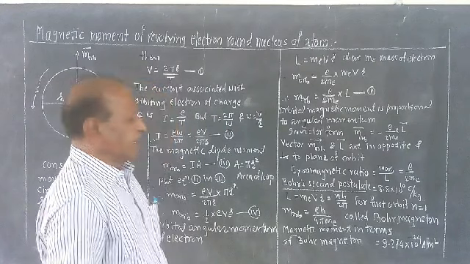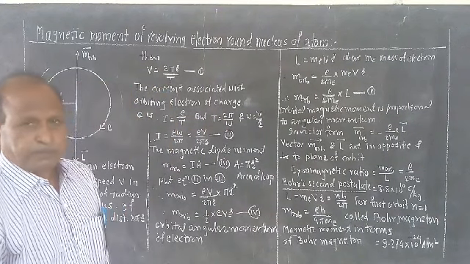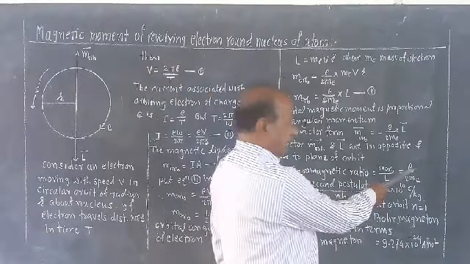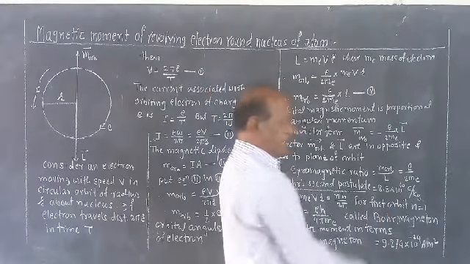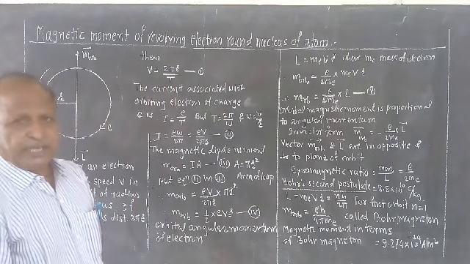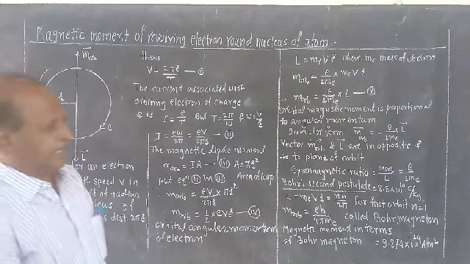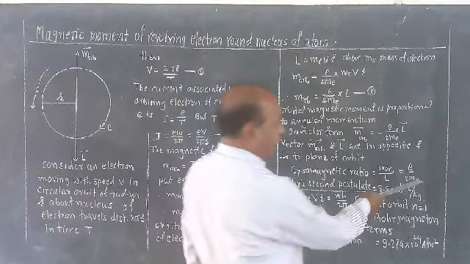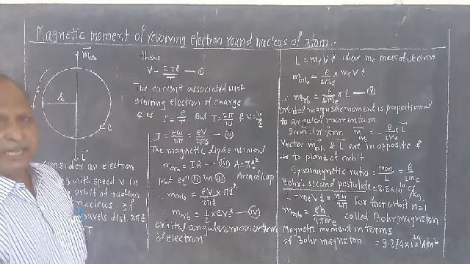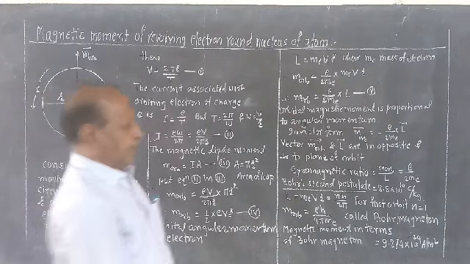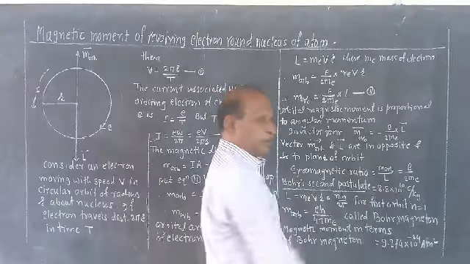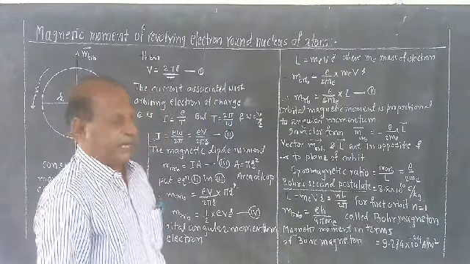So this is gyromagnetic ratio. If we put the values of electron charge, 1.6 into 10 raised to minus 19, and mass of electron, 9 into 10 raised to minus 31 kg, then the final value becomes 8.8 into 10 raised to 10 coulomb per kg.